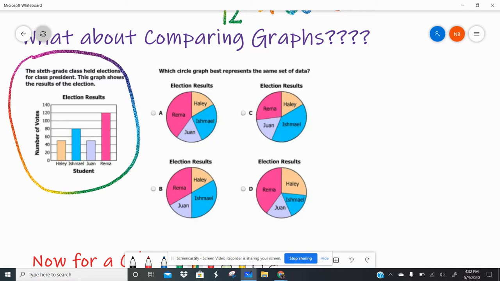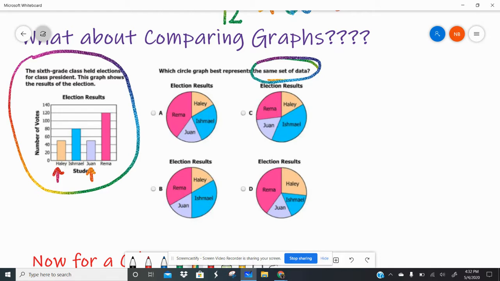The graph shows the results of the election. I know that Rema won, Ishmael was second, and Haley and Juan were about the same. I don't know if they're perfectly the same, but those bars look about the same. It says, which circle graph best represents the same set of data? So I want to know which of these circles would match this bar graph.